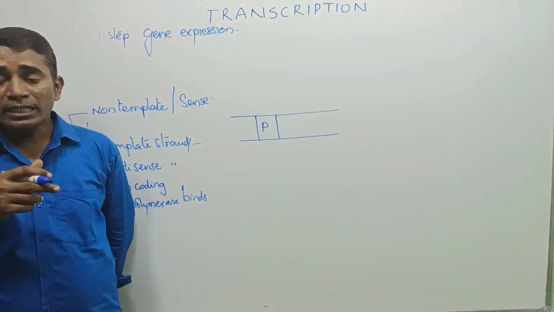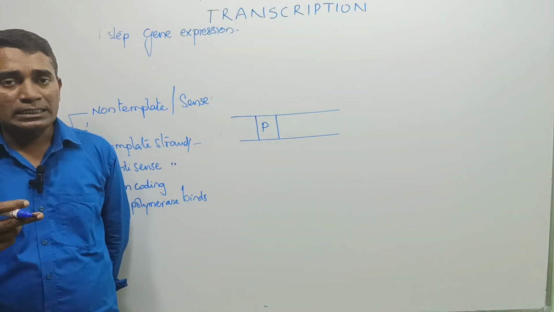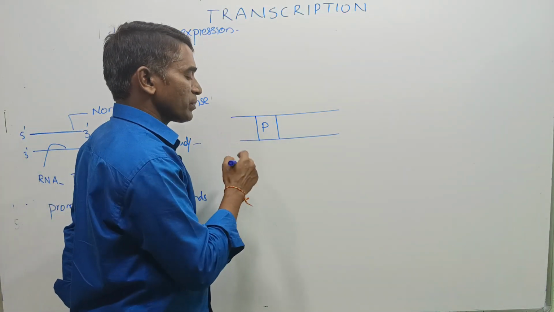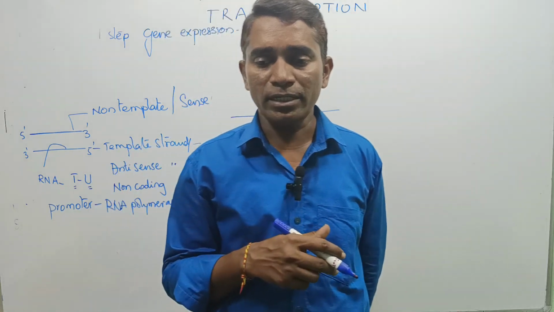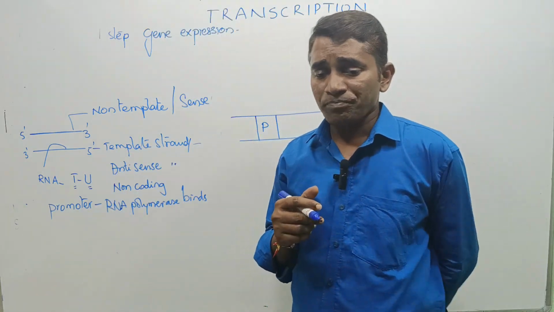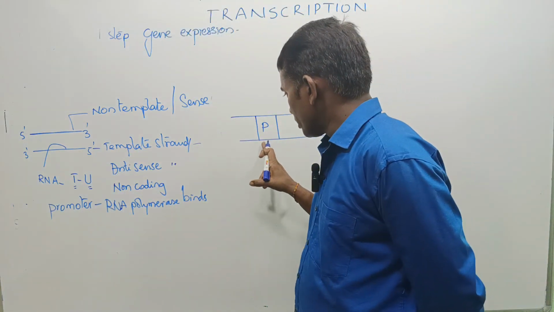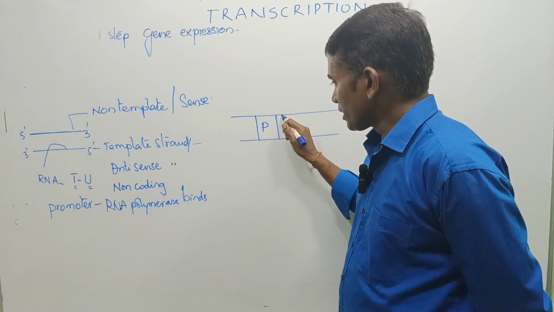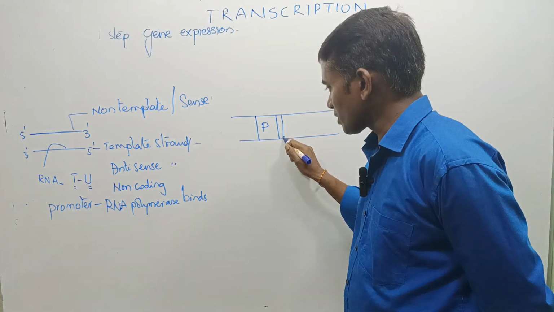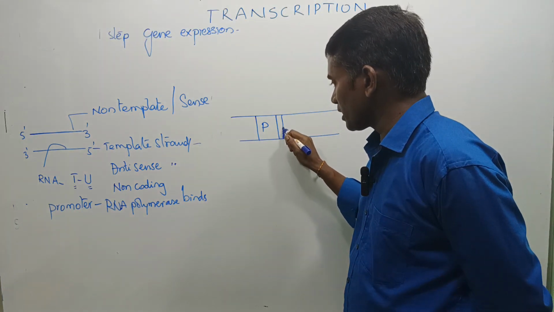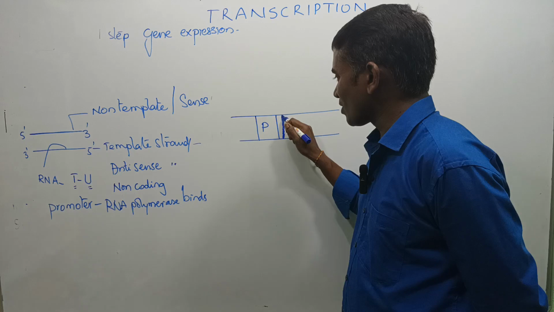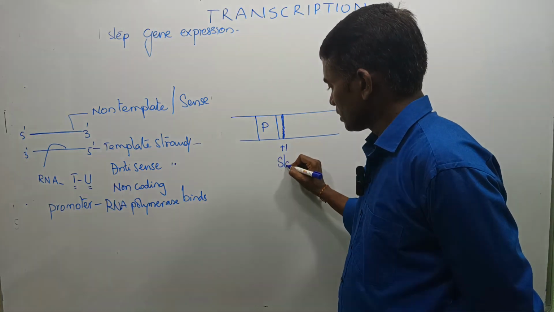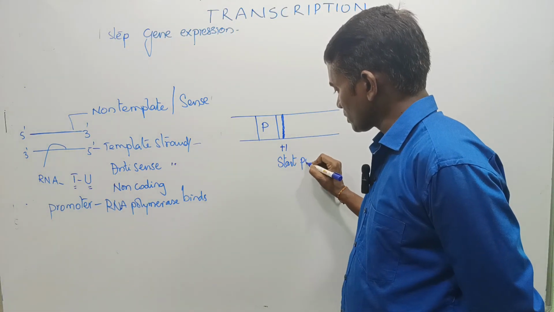The region preceding this promoter region is said to be the upstream element. On the right side, downstream of this promoter region, synthesis starts, transcription starts. This region is called the start point, represented as +1. This is the start point of transcription.